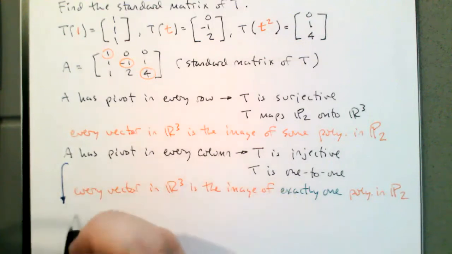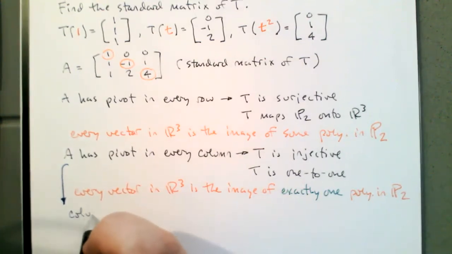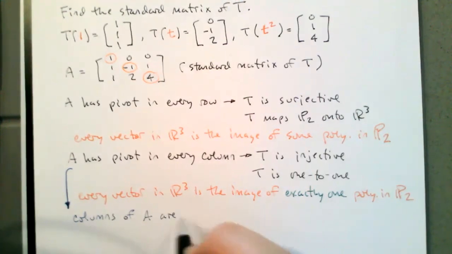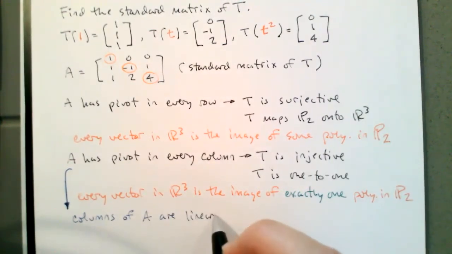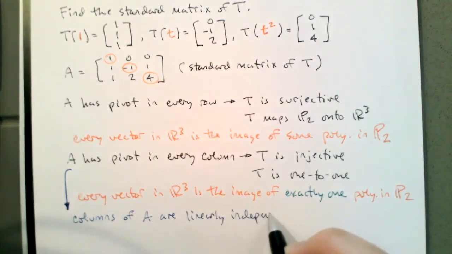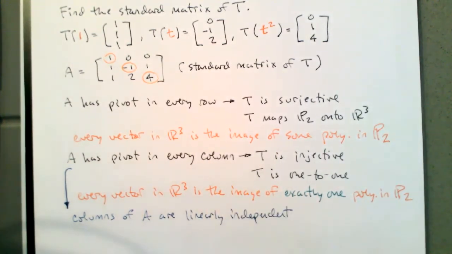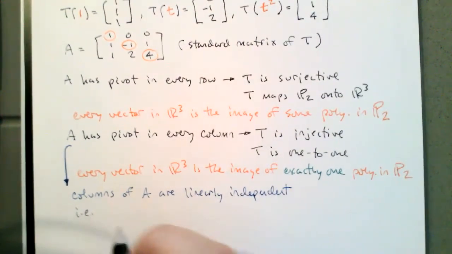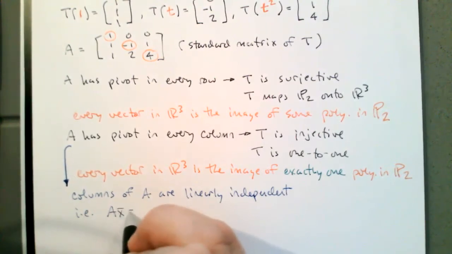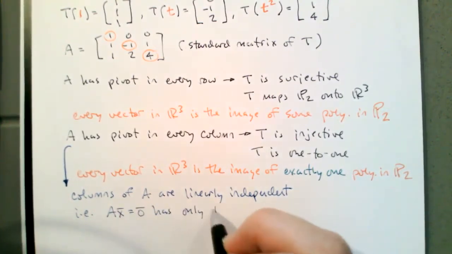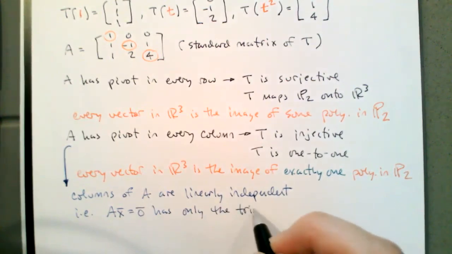So A has a pivot in every column, so the columns of A are linearly independent. And that means Ax equals 0 has only the trivial solution.